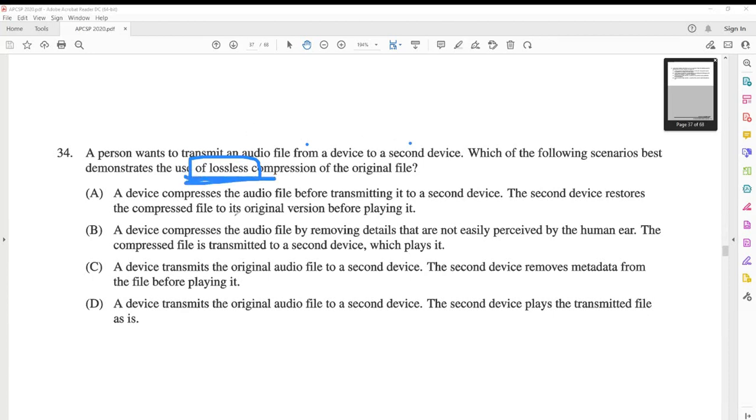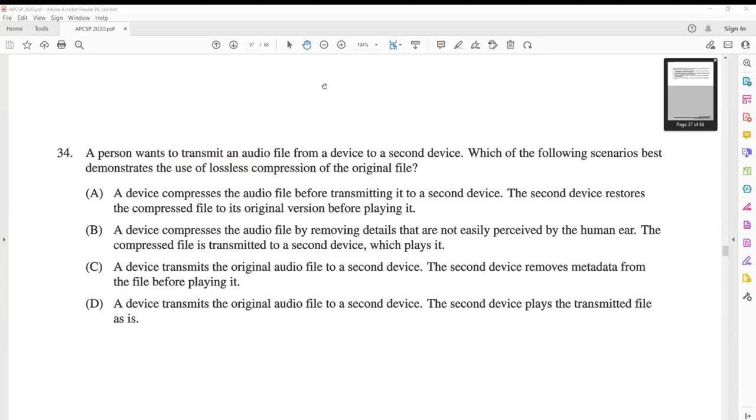So with lossless, you need to compress, but the original format can be recovered. So this one is A on 34. I said B is wrong. It should be A on 34. I did not see this word lossless. Some problems you need to base on whether it is lossy or lossless to choose the answer. Any question on this one?